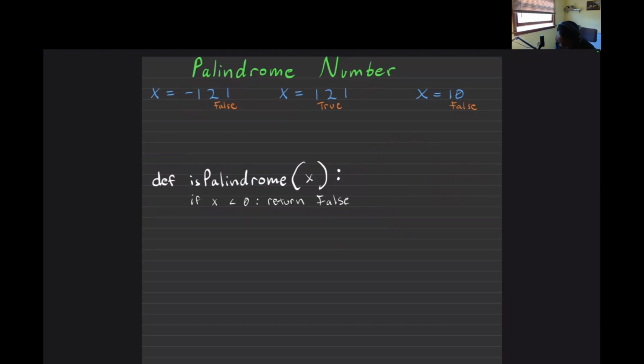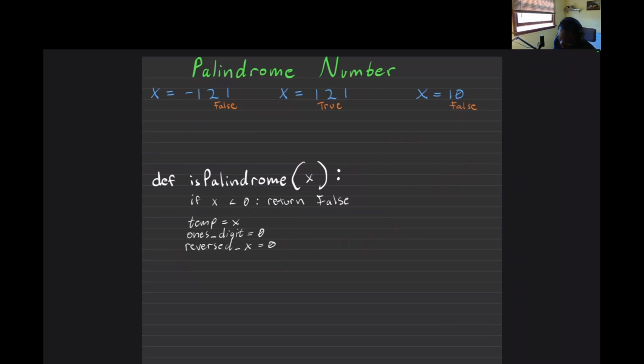Otherwise, let's set a temp variable equal to x, and let's also get our ones digit. So ones equal to 0, and reversed x is equal to 0. As I mentioned earlier, we're going to build an integer and then check if it is equal to x at the end, okay?